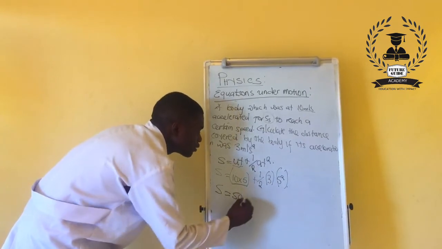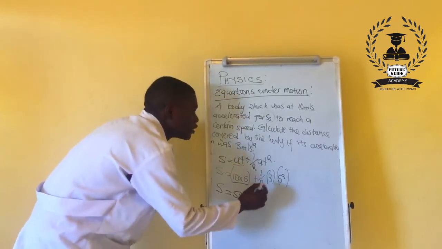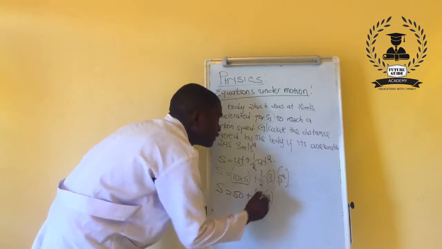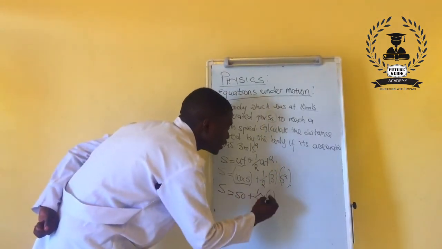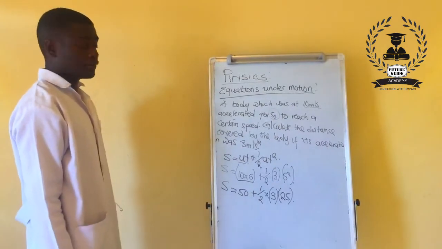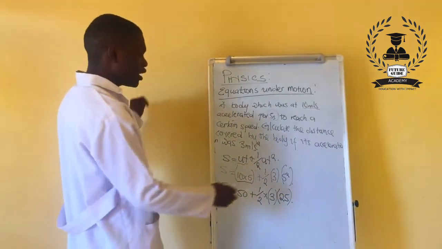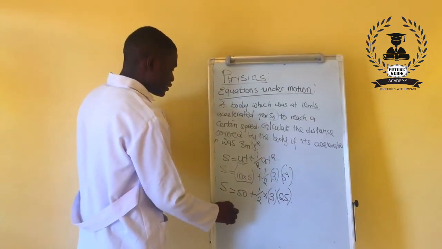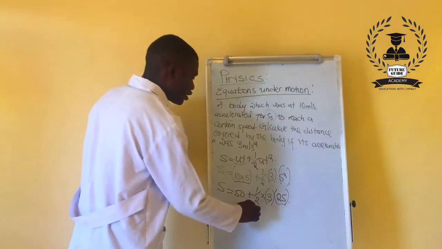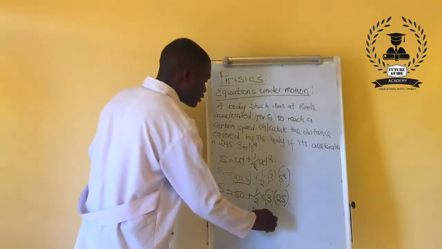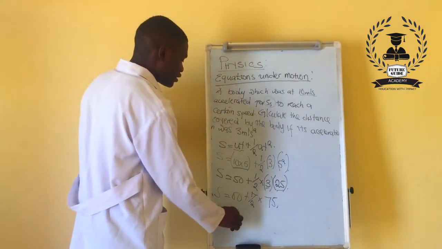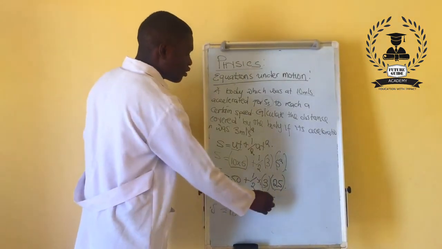You are going to have 50 plus half times 3 times 5 squared. 5 squared is 25. So s is equal to 50 plus half times 3 times 25, which is half times 75. So s is equal to 50 plus half of 75.